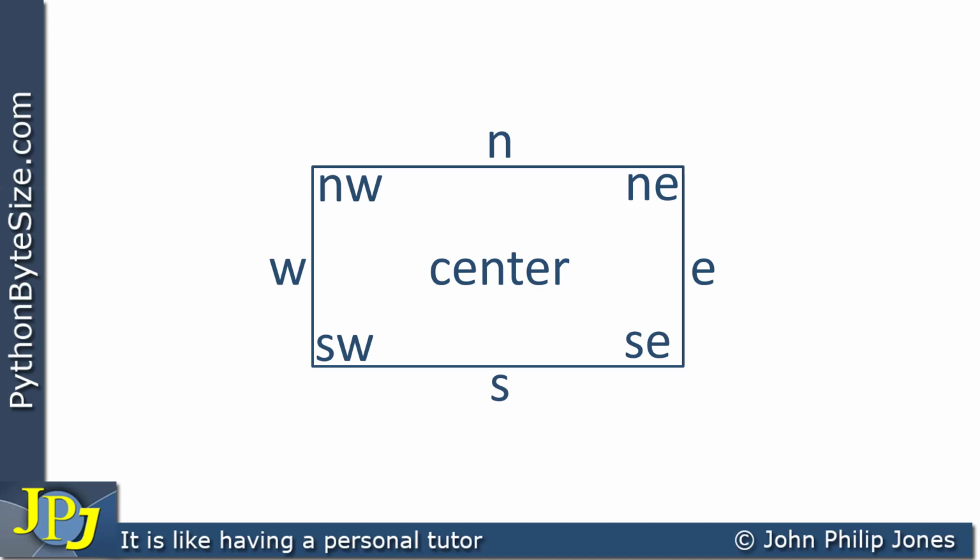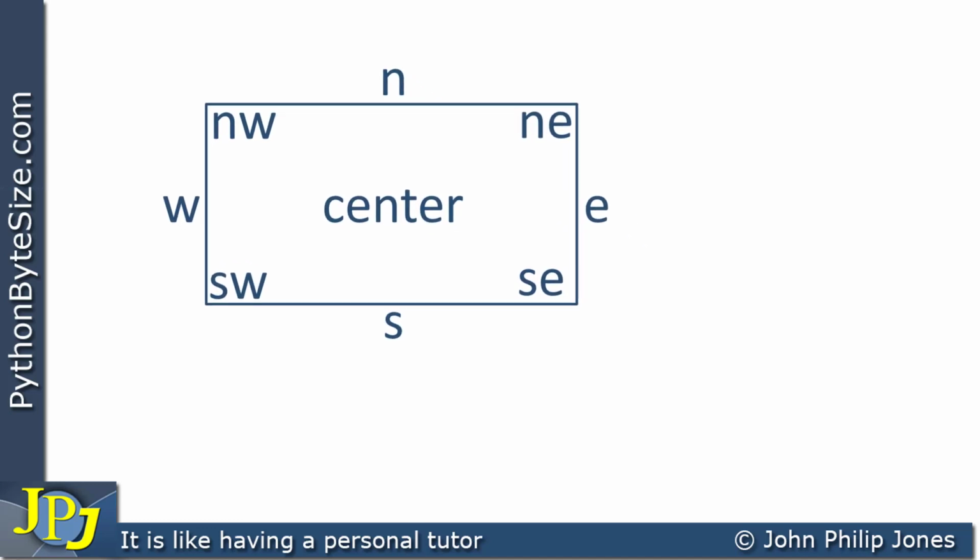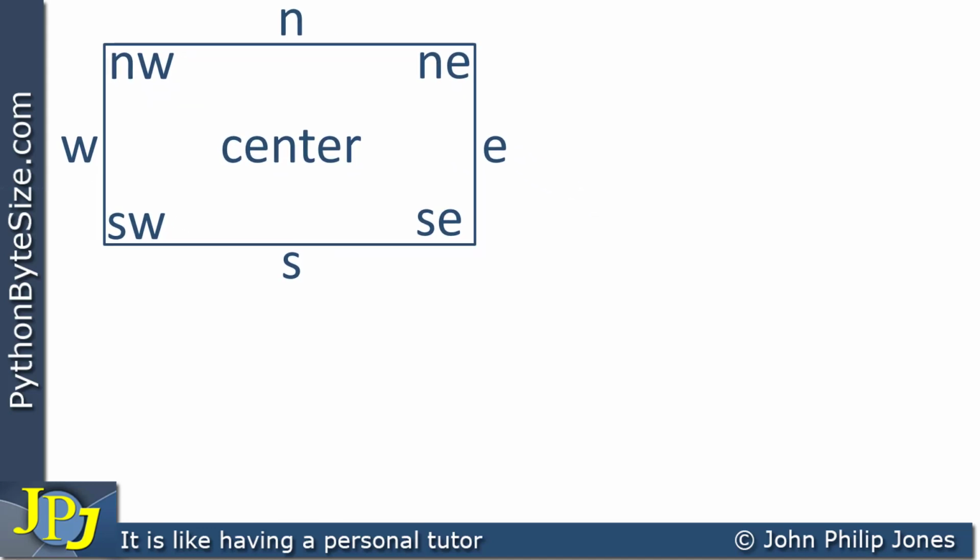Now, these abbreviations and the full word center are used to help position widgets on your graphical user interface using the anchor option. So if I move this to one side, what you will typically see in code when you're positioning widgets is the use of an option referred to as anchor.